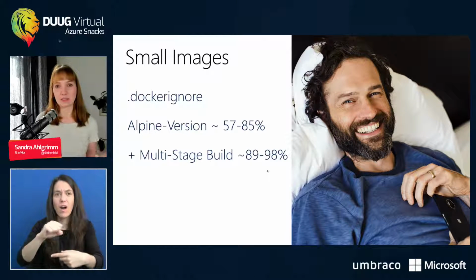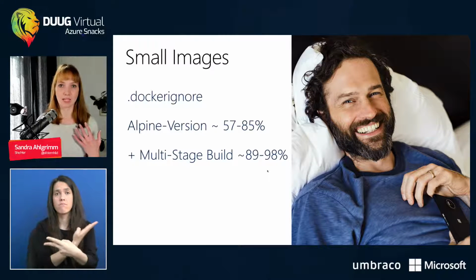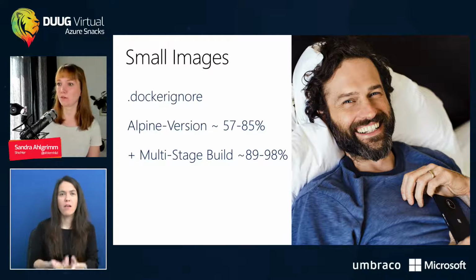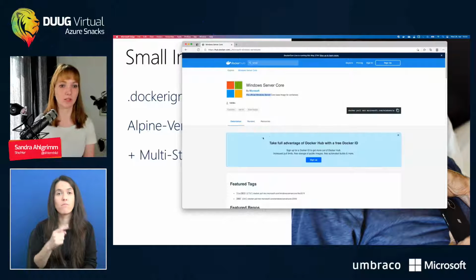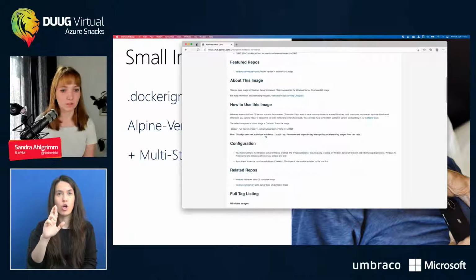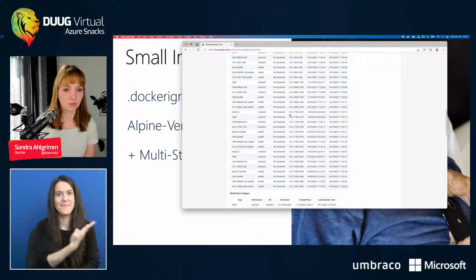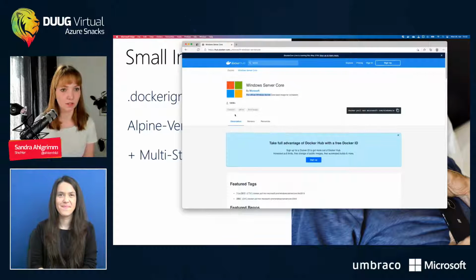Or you can use the Alpine version. And with Alpine, I mean the slimmest version that has everything you need for your app, but nothing more. So you can check on Docker Hub or on your registry where the smallest one is. Usually you should be able to see the size of the images.